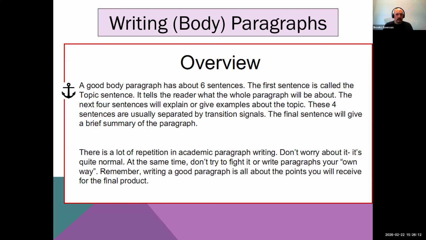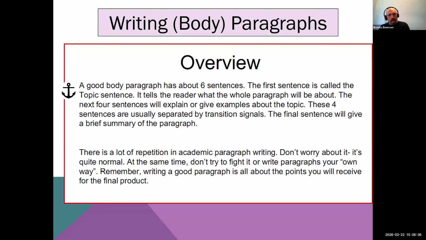As I said, tell them what you're going to tell them. Then the next 4 sentences are going to explain your point of view. You're going to say, I think this because of this. And the 4 sentences are usually separated by what are called transition signals.